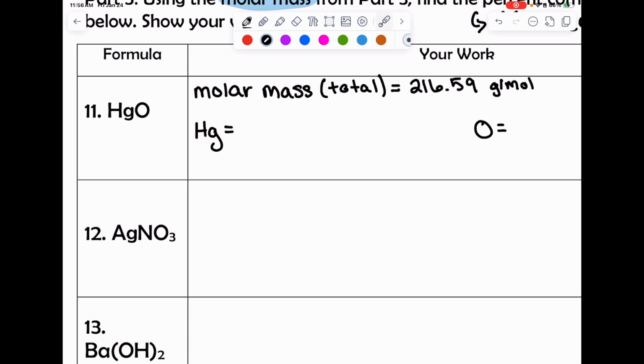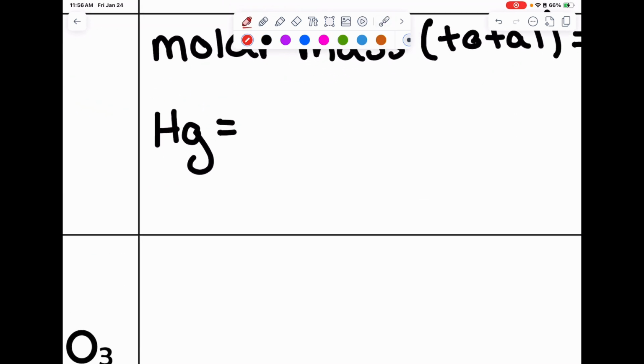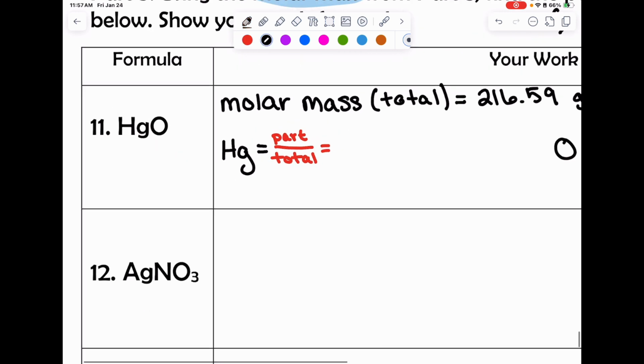Starting off with Hg, you want to take the part and divide it by the total. So the part of Hg is the mass. What is the mass of Hg? And we know what our total is because we found it using the molar mass, 216.59.